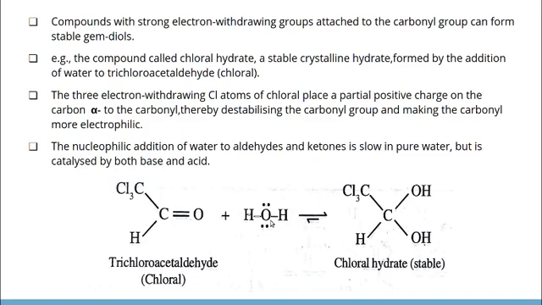That means the three electron withdrawing chlorine atoms of chloral place a partial positive charge on the carbon alpha to the carbonyl, thereby destabilizing the carbonyl group and making the carbonyl more electrophilic. With the presence of these electron withdrawing groups, this carbon becomes partially positively charged, and the carbonyl carbon becomes highly electrophilic.